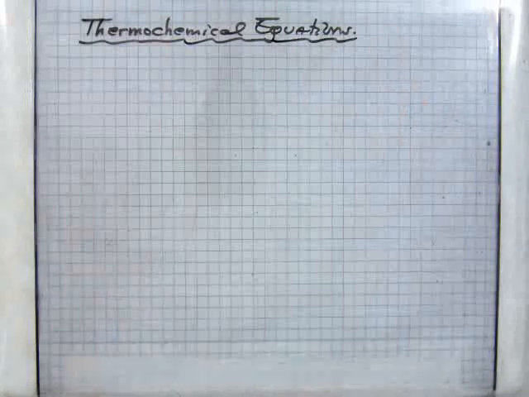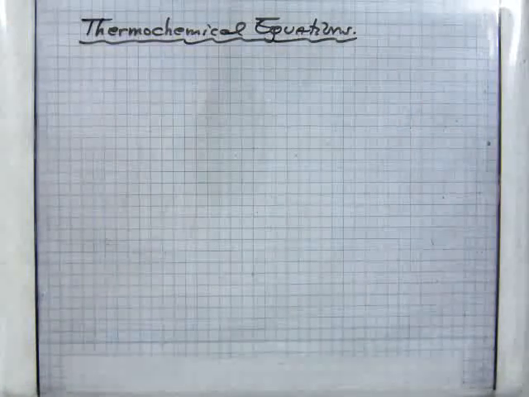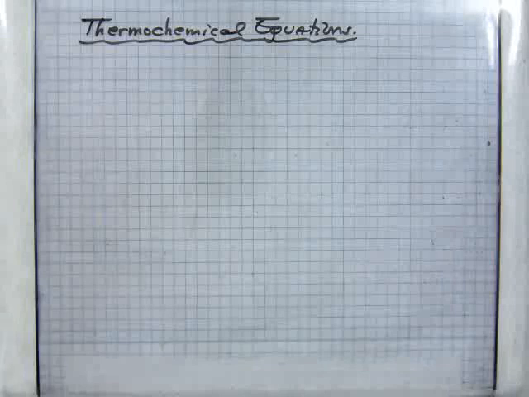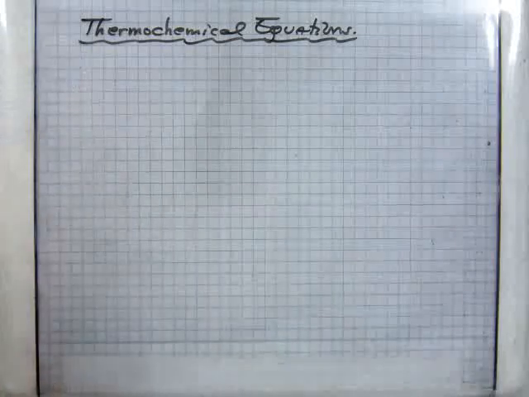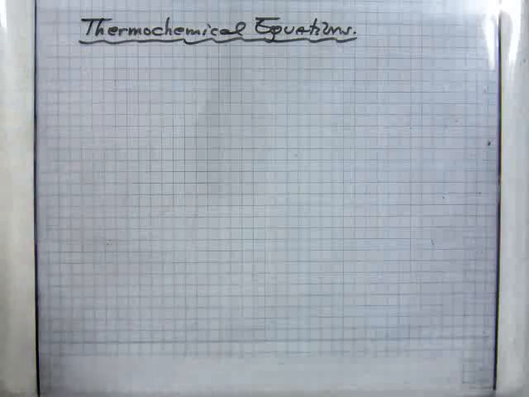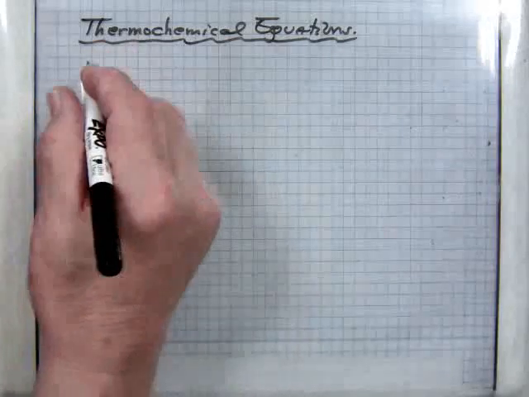A reaction can be an endothermic reaction or an exothermic reaction, depending on the gain or loss of energy. Of course, it's the way we present that data in the equation that indicates whether this is endothermic or exothermic. And so we're going to start with the exothermic reaction.